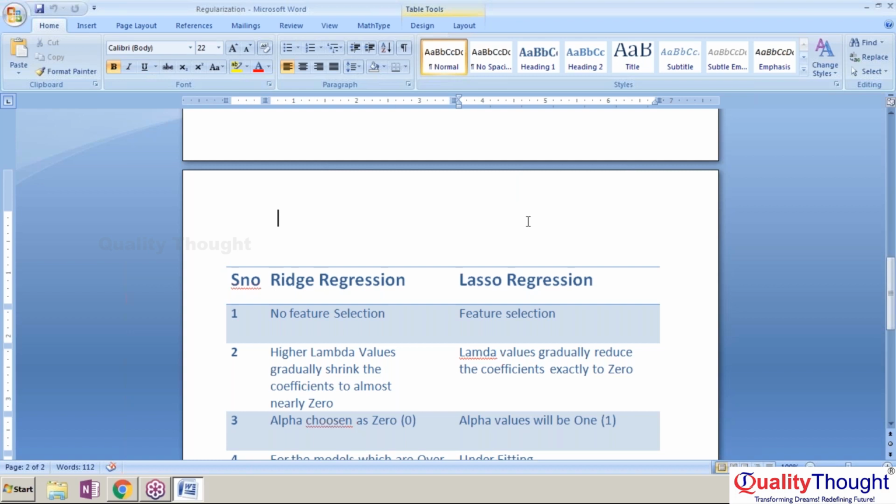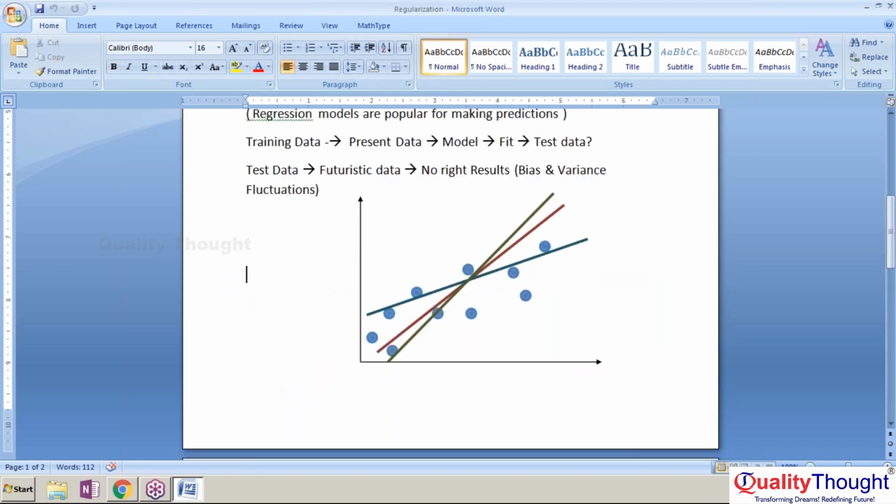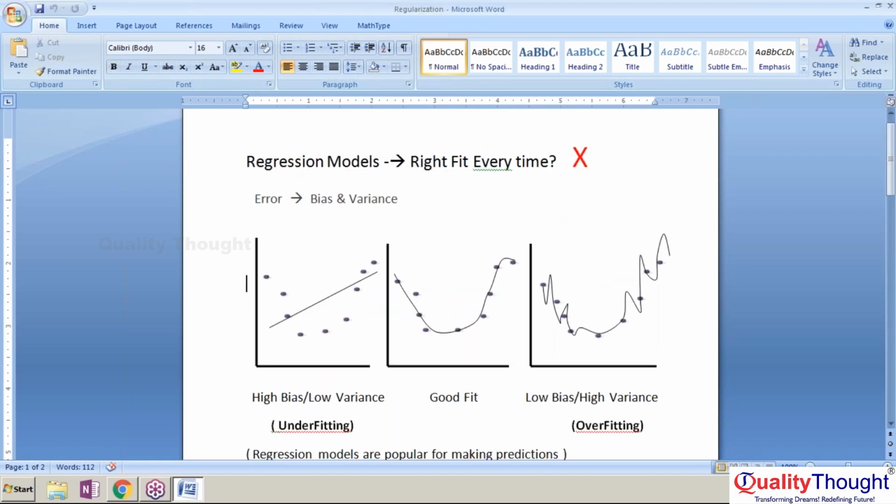Okay, but the thing is, how do we understand? See, what is happening with the ridge regression and lasso regression over here, guys? Did you all understand so far whatever I have explained, the bias and variance trade-offs, and how they are influencing the models?